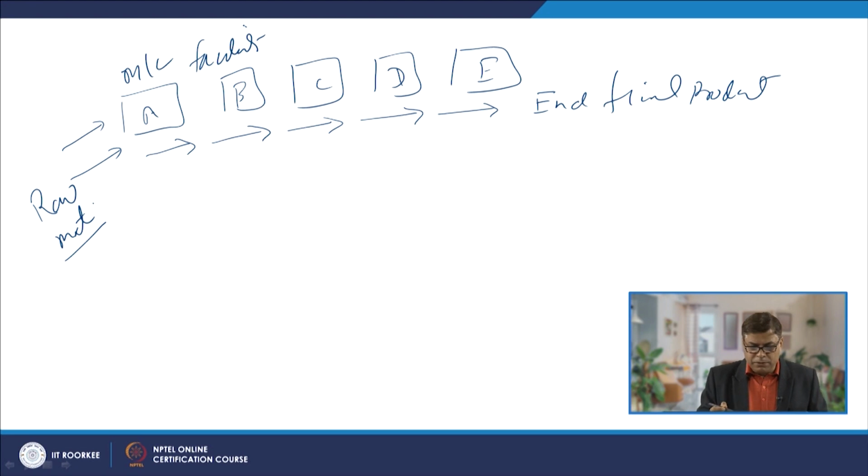Here, each station is designed in such a way that the time to complete the operations at each station is of equal magnitude. Let us say the time required to complete the work at station A by the different machines working there is 2 minutes.